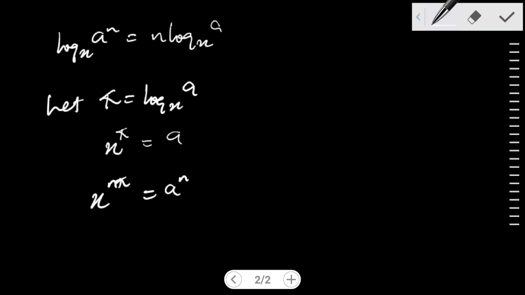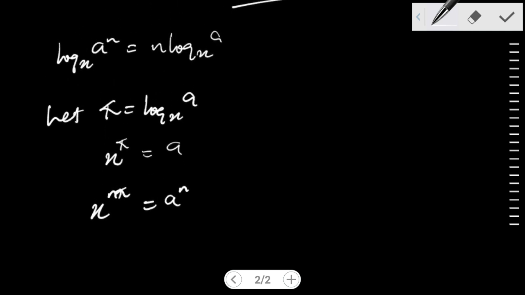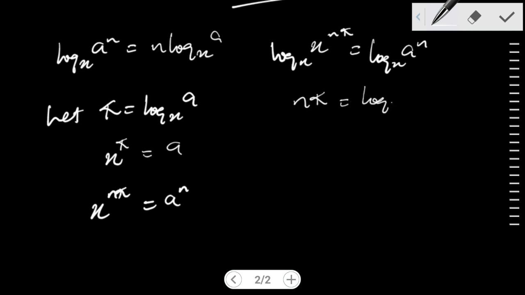Now let's introduce the log to base x. So we have log_x of x to the power nk, which equals log_x of a to the power n, and this gives us nk equals log_x a to the power n.